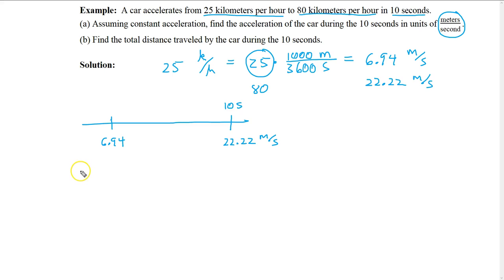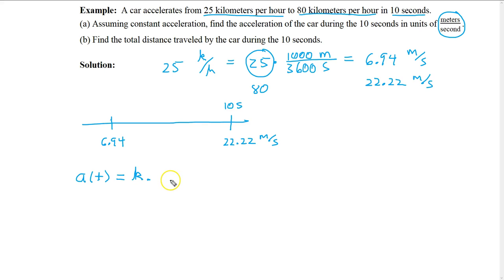Alright, now we're going to assume the acceleration is constant. So let's assume a of t during this 10-second period of time is equal to some constant. We'll call it k. Now we want to find this constant k. That's going to be our answer to part A. Now let's also note one other thing here. At time 0, when the driver first steps on the accelerator, the car is traveling 25 kilometers per hour, or 6.94 meters per second.